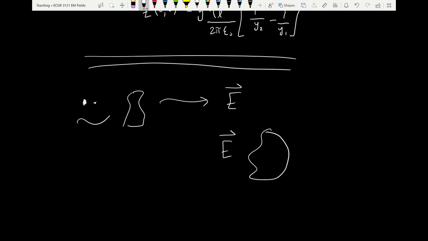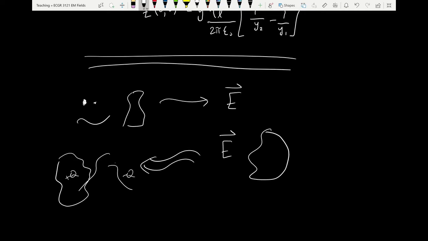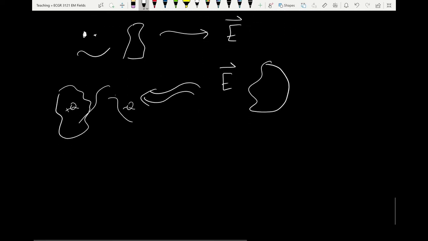Can we use Gauss's law to find the charge distribution that generates it, let's say plus Q, minus Q? Yes, we can, and example 4.5 shows you one way of doing that.